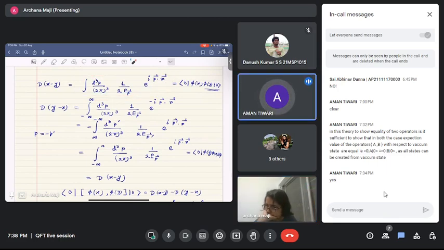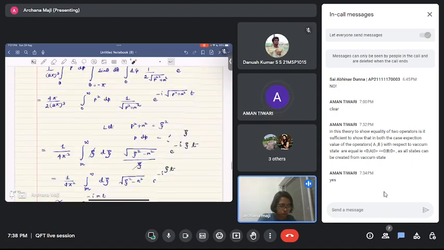I was asking about that. Initially in the question, we have to show that the commutator is equal to zero. The commutator is also an operator, so we have to show it is equal to the zero operator. So in that you have taken the inner product on both sides with respect to zero. The commutator turns out to be not an operator.